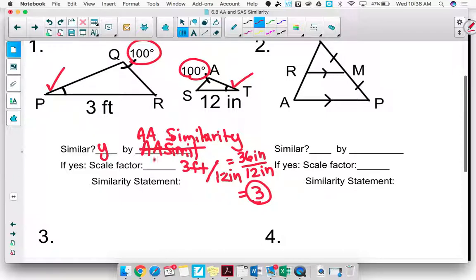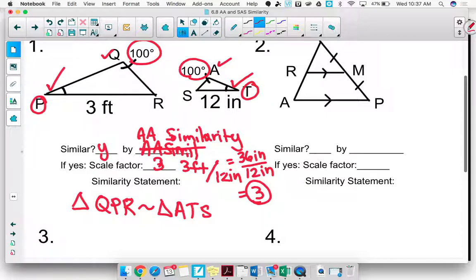Okay, so our scale factor here is 3, or 3 to 1. Our similarity statement is going to name the triangle. So we'll say triangle QPR is similar to triangle, and if we go, again, mirror image on the other one, Q corresponds to A, P corresponds to T, and then R corresponds to S. So that's your similarity statement.